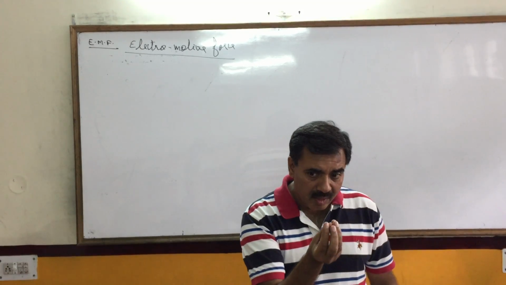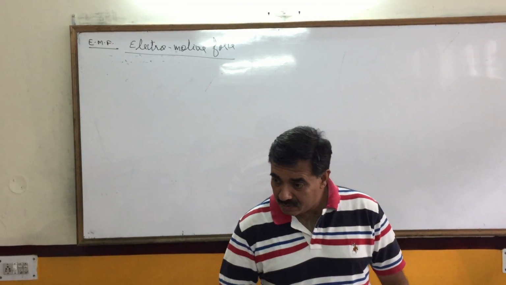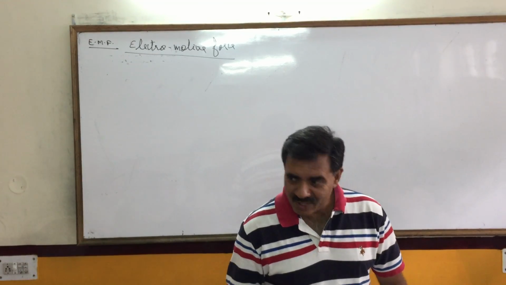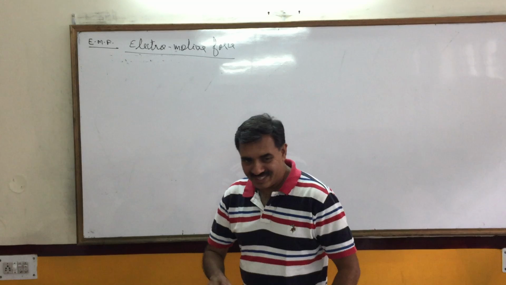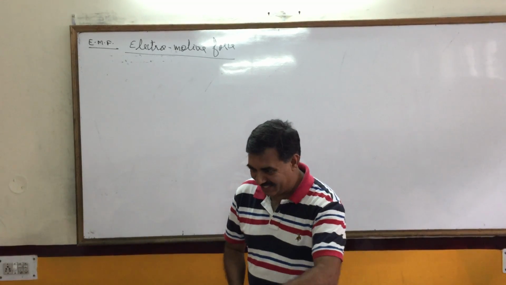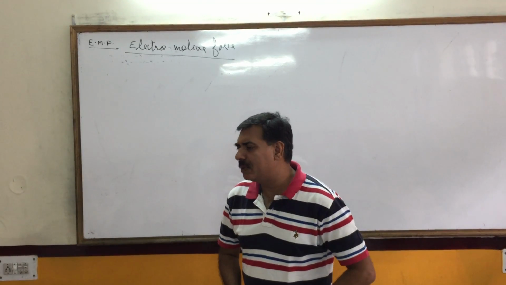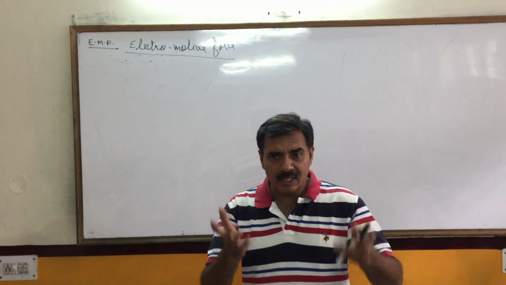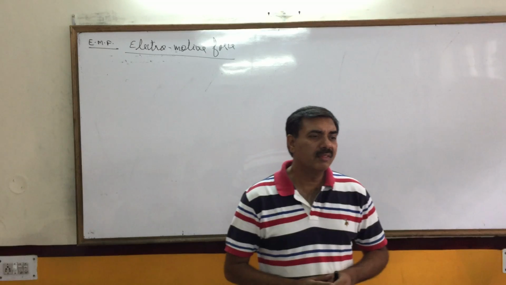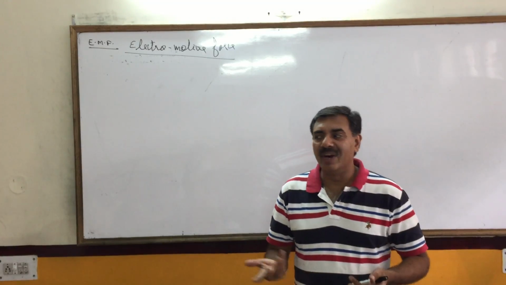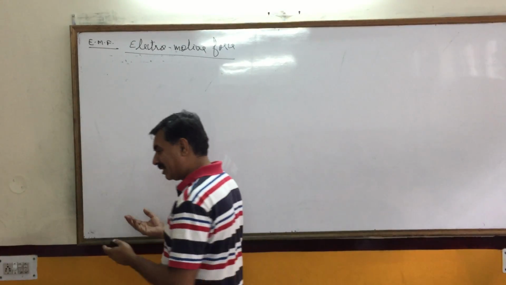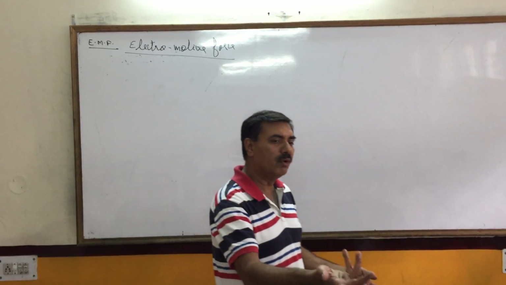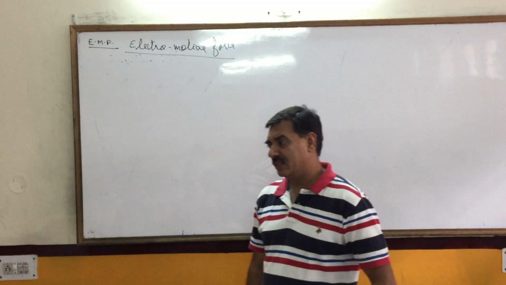I've used my words very carefully. Instead of potential difference, I have chosen difference of potential. In usual books, it would be written potential difference. But potential difference has become so mechanical that we will always write V is equal to IR. Potential difference across the ends of a conductor is V, the current is I, the resistance is R, V equals IR. That is the potential difference.